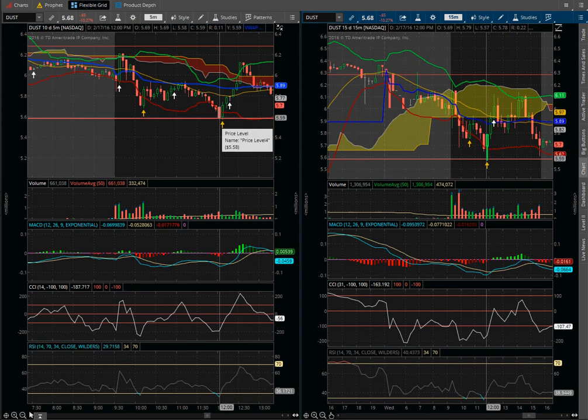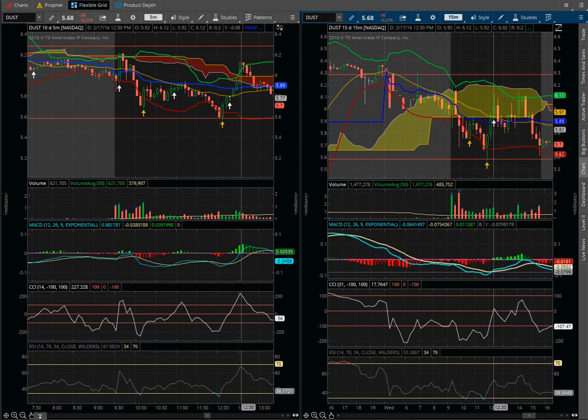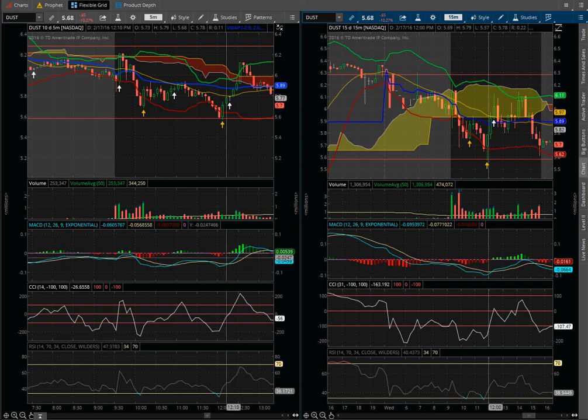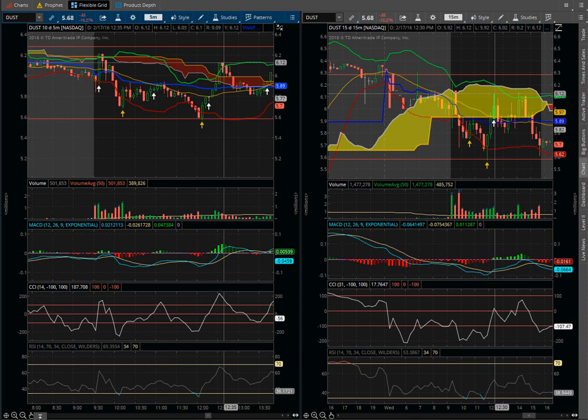Right here, 12 o'clock. We got a buy signal at 12:05 on the 5-minute, and we got a buy signal at 12 o'clock on the 15-minute chart. Not only do we get a crossover here, but we get a crossover here. Multiple time frame alignments, multiple buy signals on multiple time frames. So you could have got in here at the first 5-minute candle to make a new high at 5.70 and ridden this all the way up to 6.12.